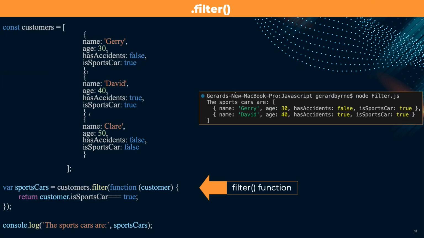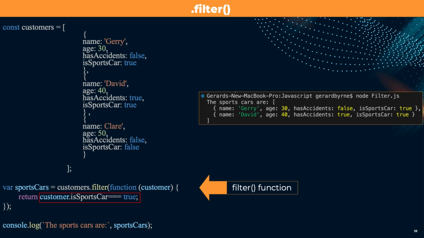In this case, we use the same array as we used before with our customers. And then we are setting up a variable called sports cars, and we go customers, the array of 3 items, objects, dot filter. So dot filter is a function, but it takes in a function, and this function takes in a customer, and it returns customer dot is sports car equal to true.